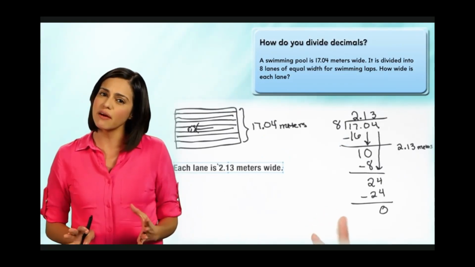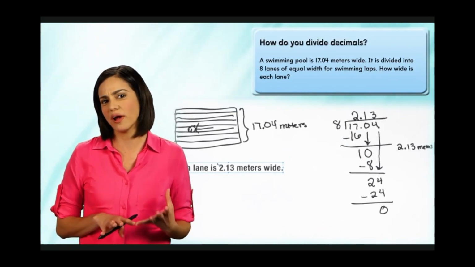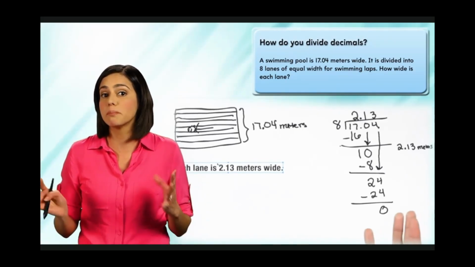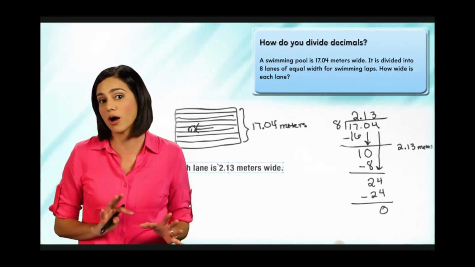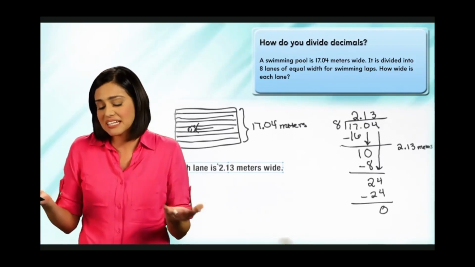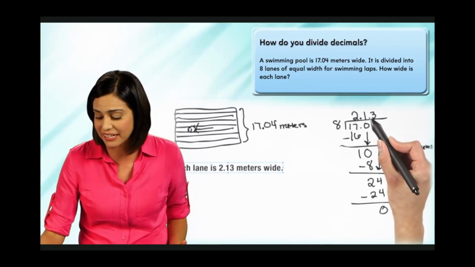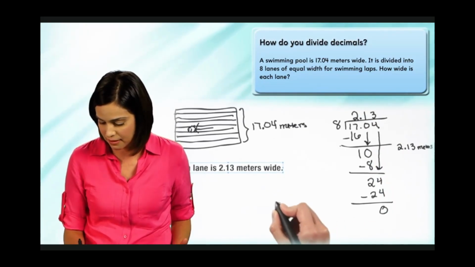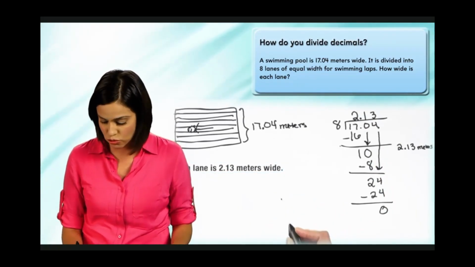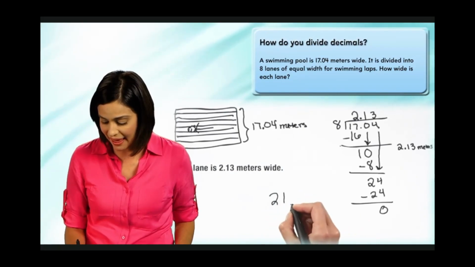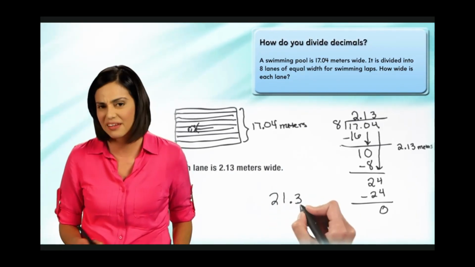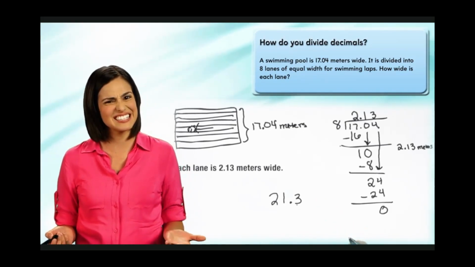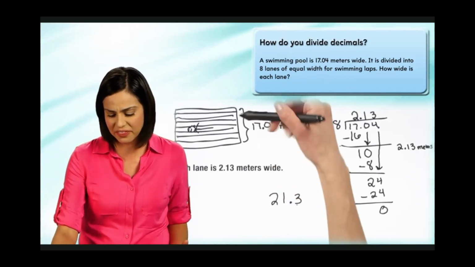Now, it's very important to think about whether your answer makes sense or not. Let's just say you happen to place a decimal point in the wrong place. And let's say you placed it here instead of here. And your answer was 21.300. If you got 21.300 meters, does that make sense? Well, look at this.